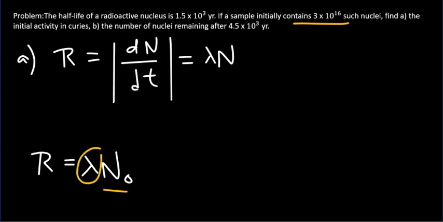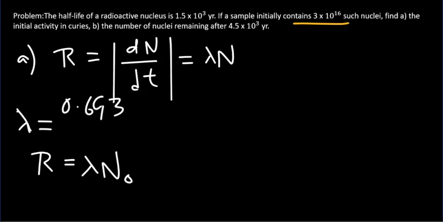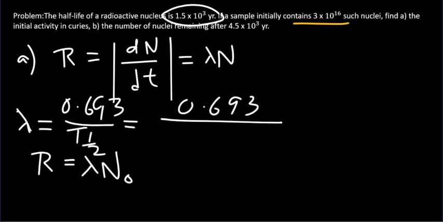But how do we determine this decay constant? We know the decay constant equals 0.693 over half-life. And we are given half-life in the unit of years, so let's change that into seconds. So 0.693 over 1.5 times 10 to the power 3 years.